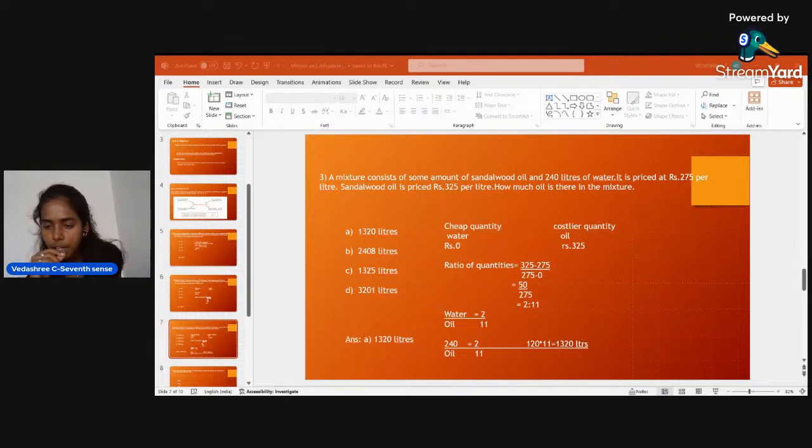Okay, a student asks: in cross multiplication you took only 11, what about 2? Here I said 240 divided by oil is equal to 2 by 11, right?